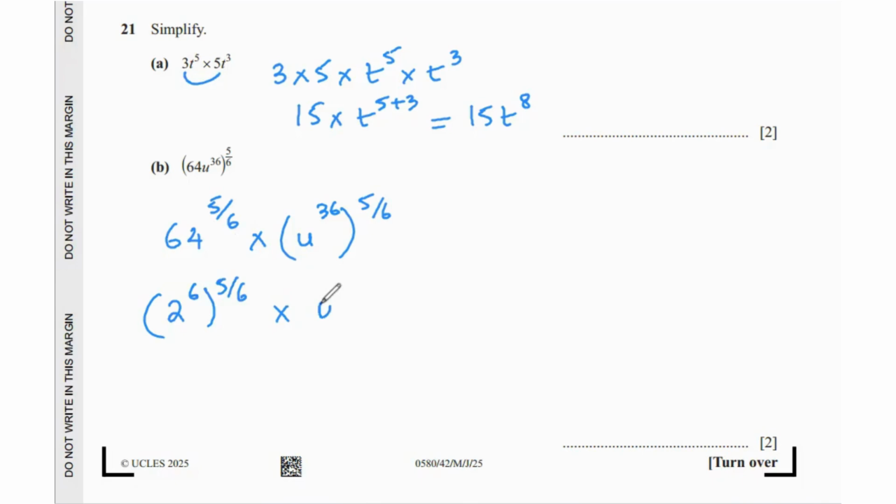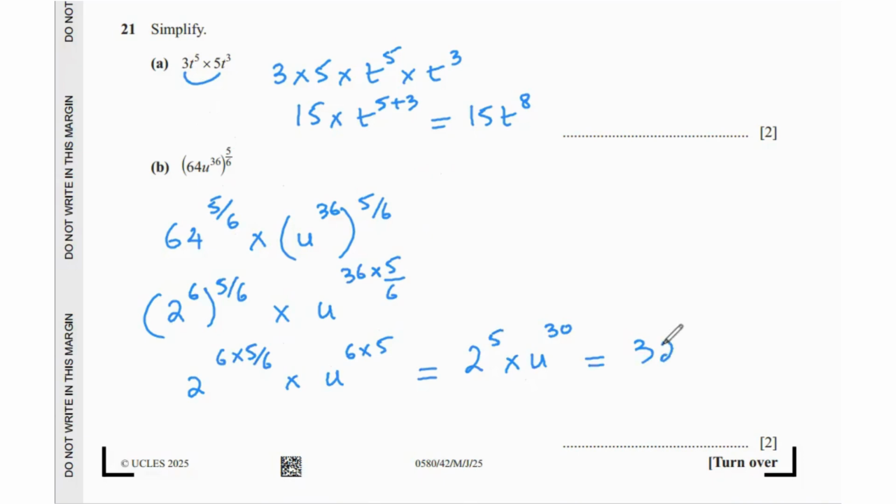And over here we can multiply the powers. Once again, whenever there's a power outside the bracket, inside the bracket, the powers get multiplied. So this would be 6 times 5 over 6. So that's 6 times 5. That's 2 to the power of 5 times u to the power of 30, which is 32u to the power of 30. That is your final answer.